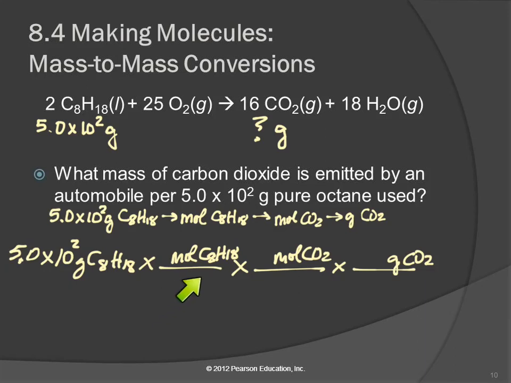The units in the denominator are just the previous unit because I want those units to cancel out. So I'm going to have grams of C8H18 down here because those are going to cancel. And then I'm going to have moles down here. And then over here, I'm going to have moles of the other thing.